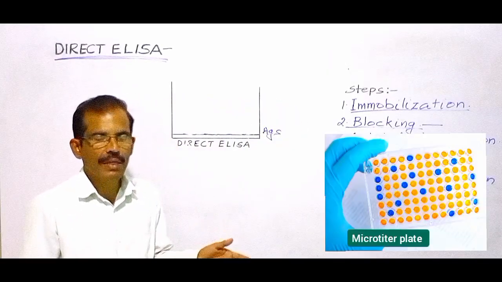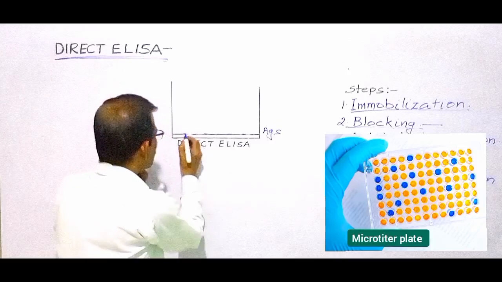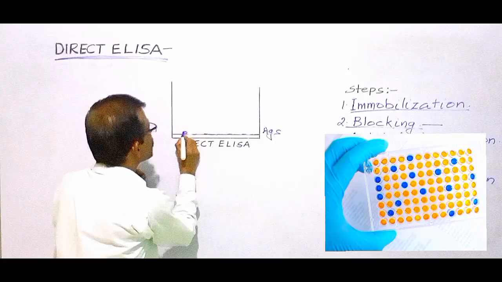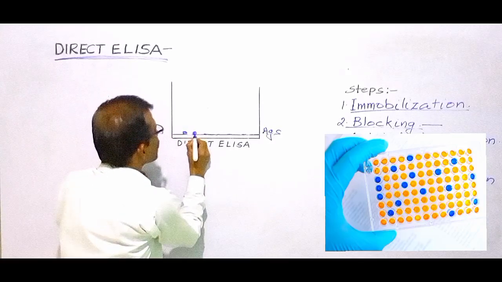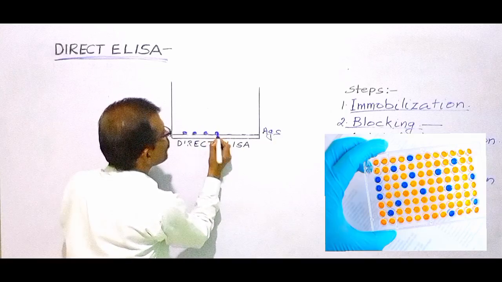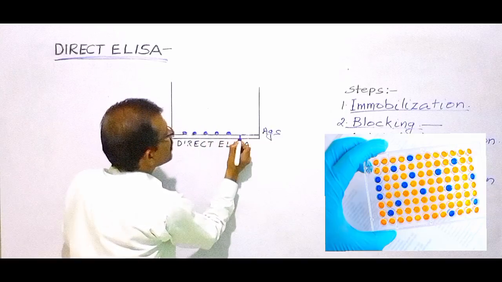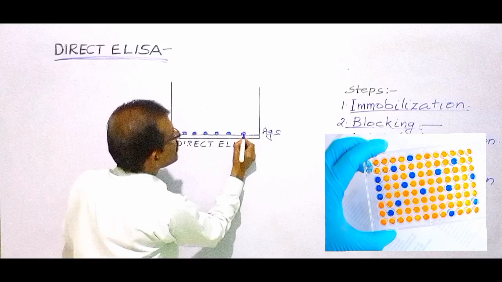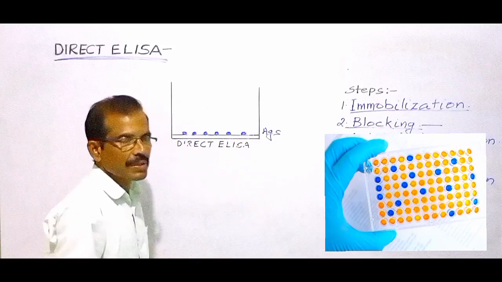The first step in direct ELISA is the immobilization of antigens at the bottom of the wells of a microtiter plate. These are the antigens that are immobilized at the bottom of the wells.